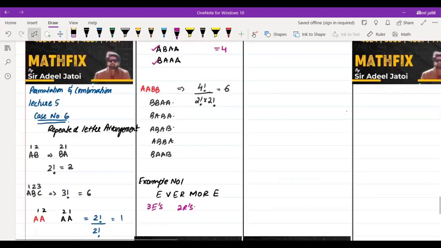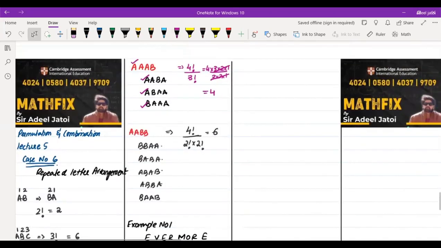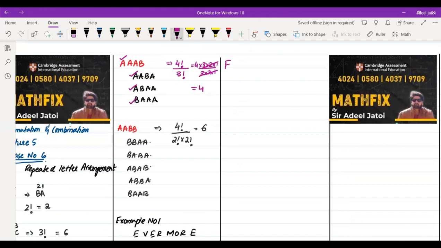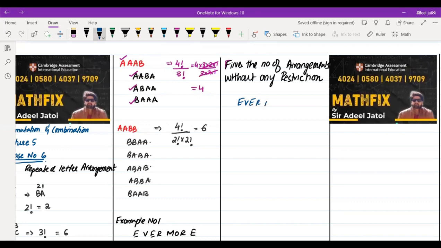The question can be very simple: find the number of arrangements without any restriction. Since this is without any restriction, and evermore has 3 E's and 2 R's.